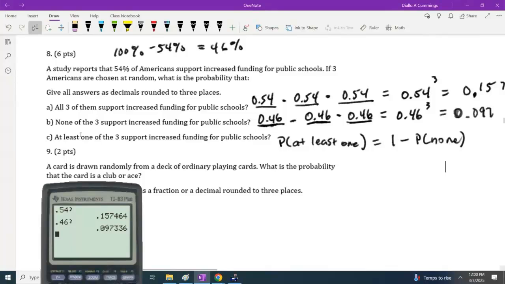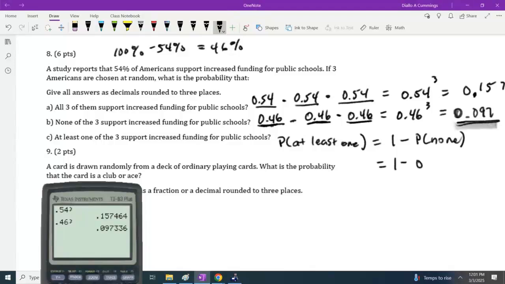And the probability of none was calculated for part B. So 1 minus 0.46 is the answer to start with, which is 0.54. Well, we have to use this value. Okay, so that's going to be 1 minus 0.